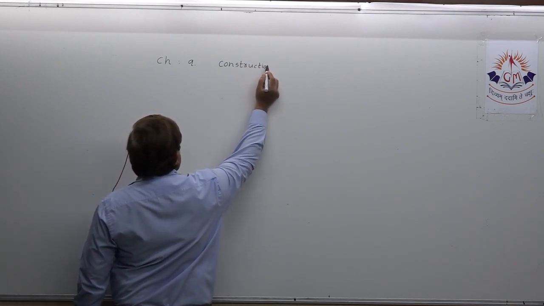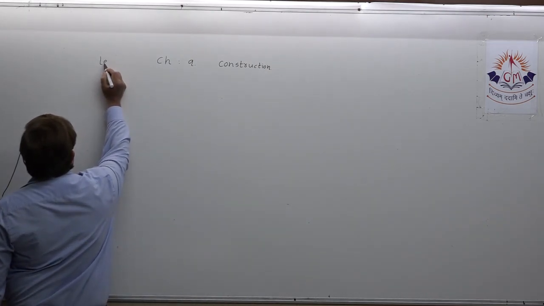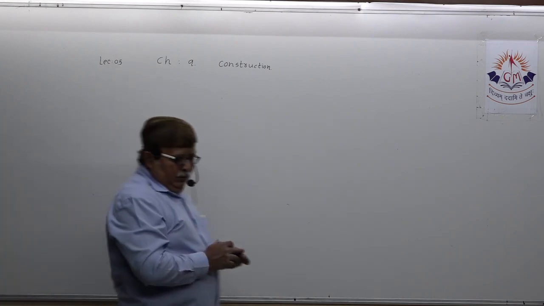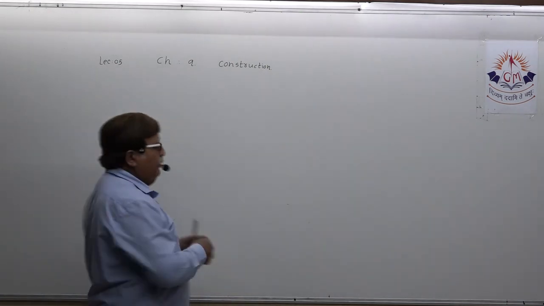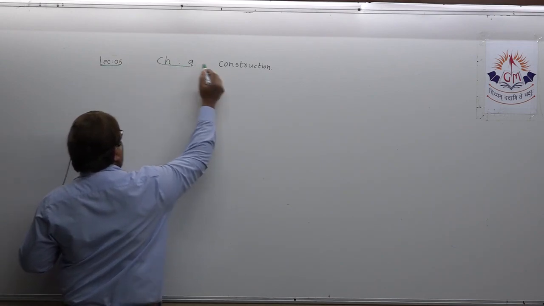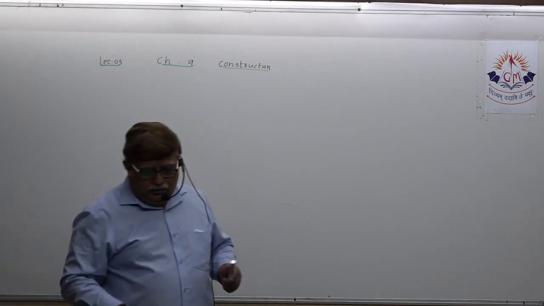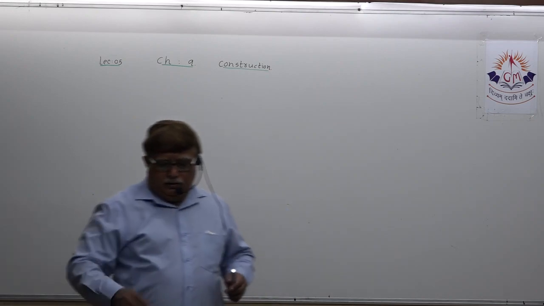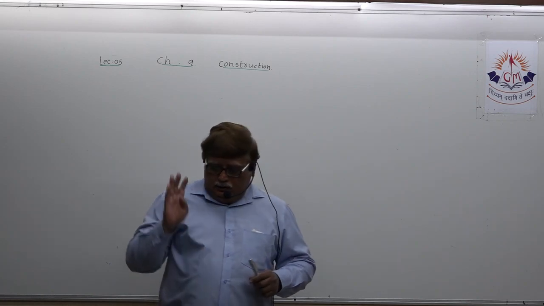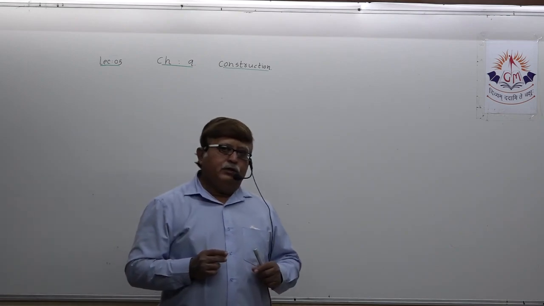And in this particular chapter, today you are attending lecture number 5, where we are targeting a particular type of construction, in which I will write the types of construction. Today we are going to construct a quadrilateral in which 4 sides and one angle will be given.